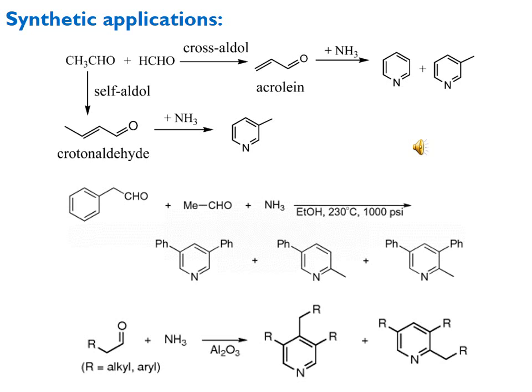Likewise, benzaldehyde and acetaldehyde in the presence of ammonia give 3 different types of pyridine molecules. And if we use a simple single aldehyde with ammonia in the presence of aluminum oxide, we get 2 types of products, but one type is the major one, about 60%.